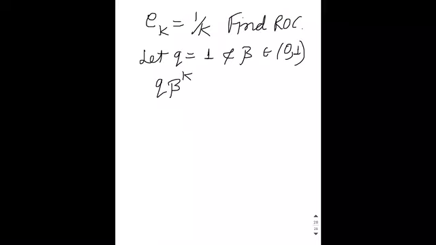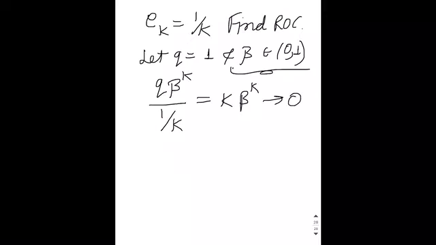Now consider this ratio. So q equals 1 and here we just consider some beta in this interval and we take this ratio. Substituting q equals 1, this is basically k times beta to the power k. As k tends to infinity, this tends to 0 because beta is between 0 and 1. So we can say that q beta to the power k is small o of 1 over k.